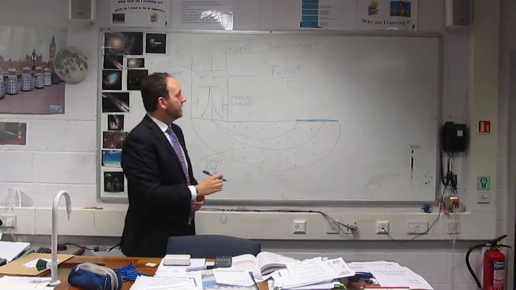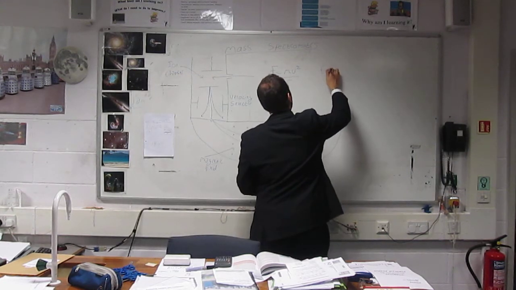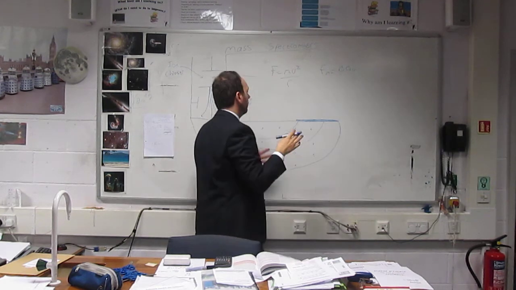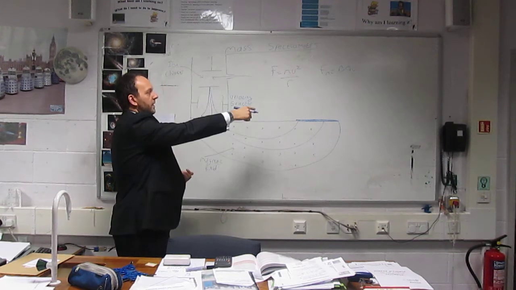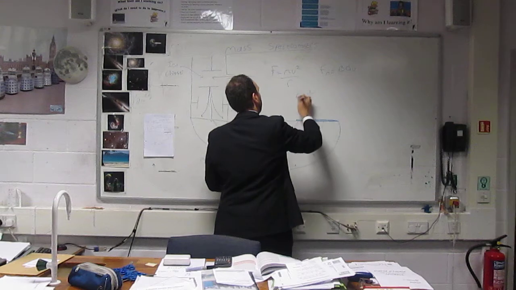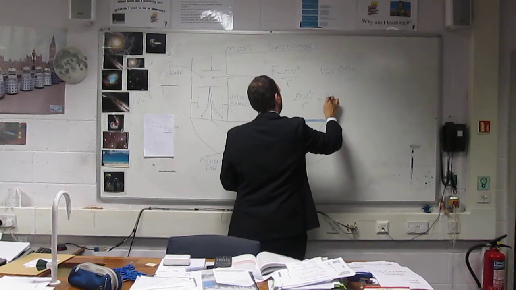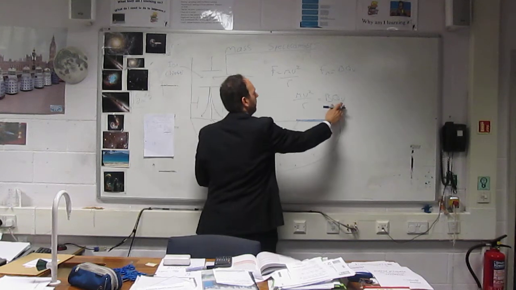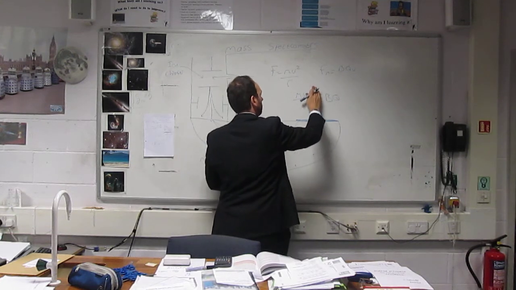There's going to be a magnetic force, F equals BQV. Travelling in a circular path, they are going to be equal to each other. So we've got mv squared over r equals BQV. First thing we're going to do, cancel our v's out.